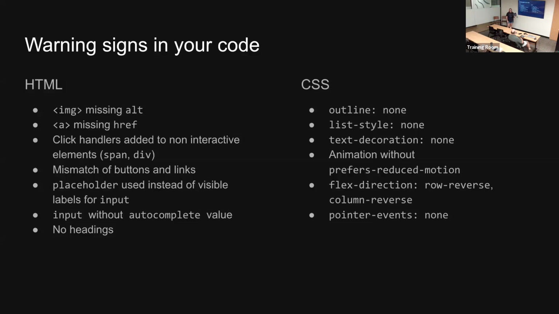I found this at work many times. And yes, alt equals blank can be fantastic when it is a decorative image. It does not need alt text. But if you're doing that to a reusable component, you may not know what image will be there, and you may need alt text. So just another call out there.